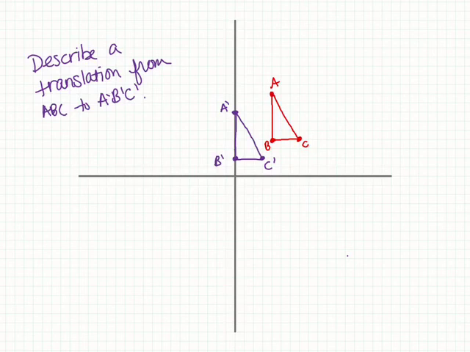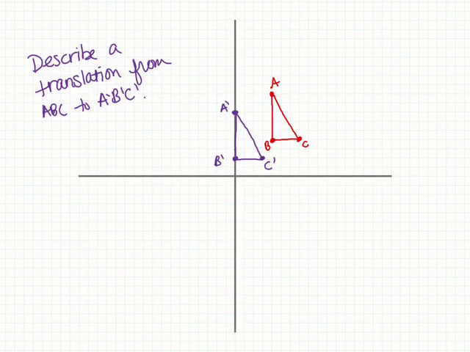So basically all it's asking you is you need to give the directions. I've already graphed it for you. I want you to tell me what the directions would be to get from A, B, C to A prime, B prime, C prime. So all you really need to do is pick one point and then that same point but prime. So like for instance, I'm going to look at A and A prime.